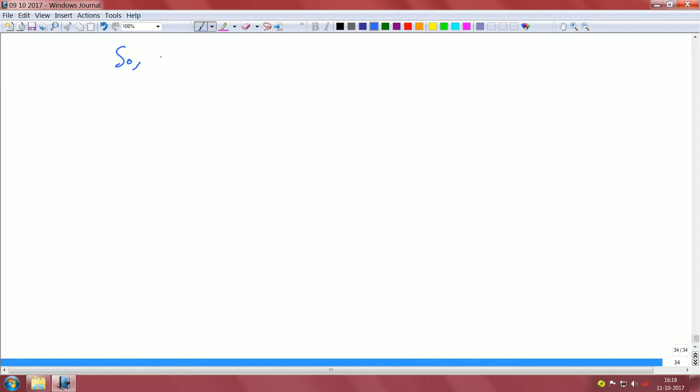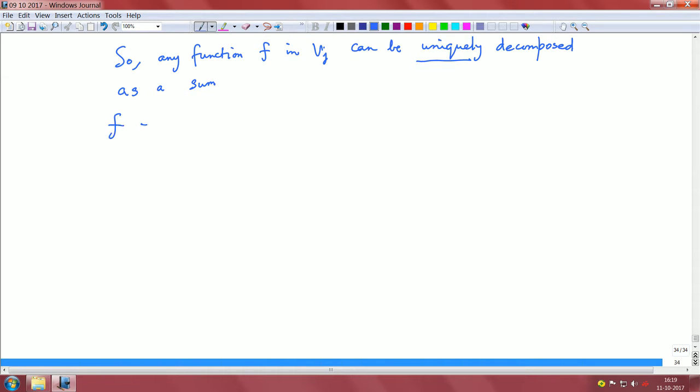So any function f in Vj can be uniquely decomposed as a sum where f is, now these are signals, I just use some w like this, wj minus 1, this is not a space but a function, right.